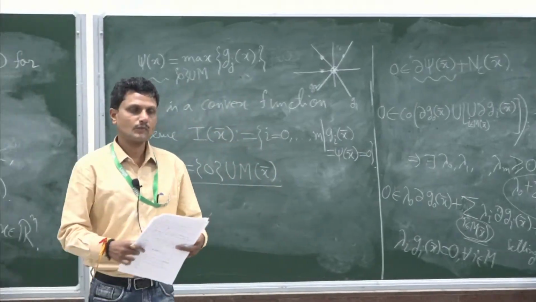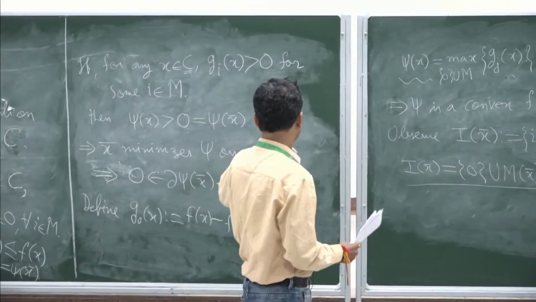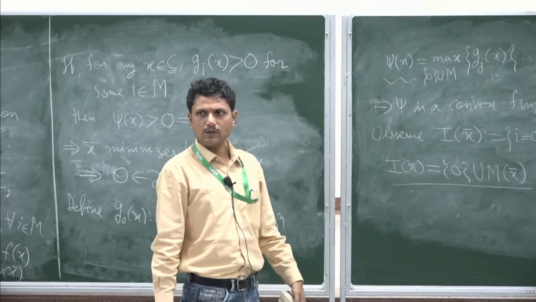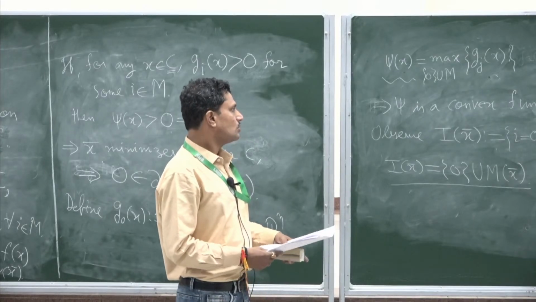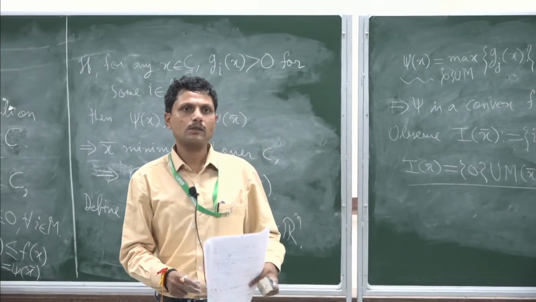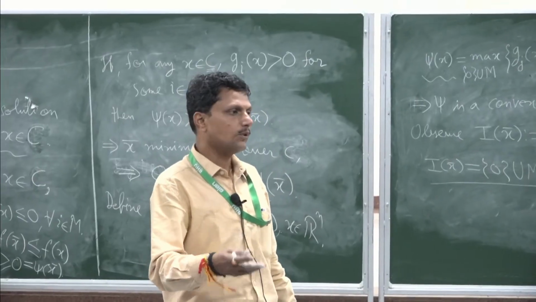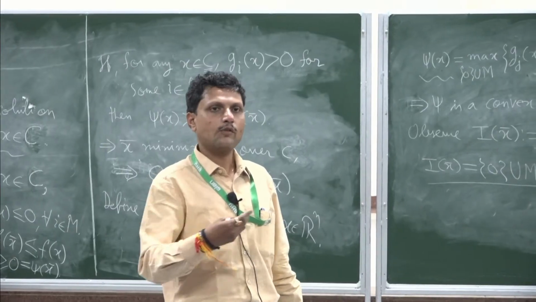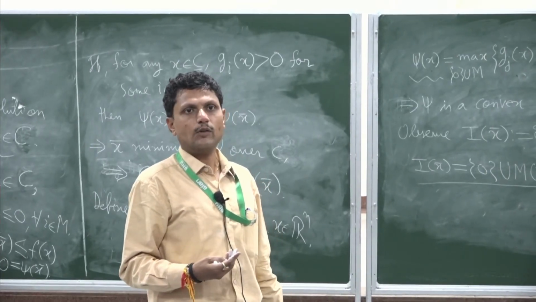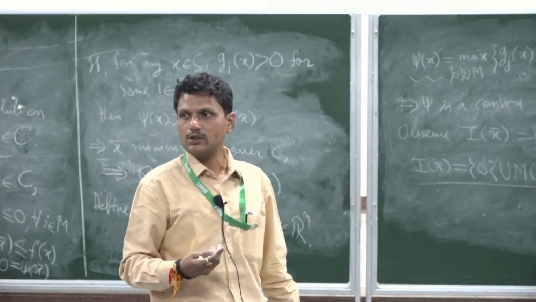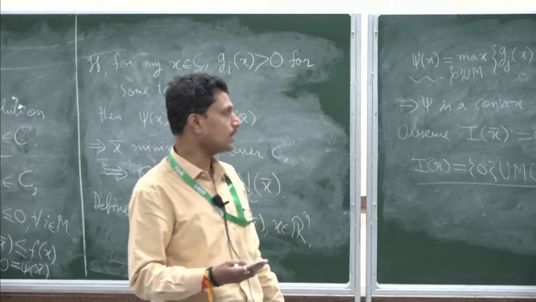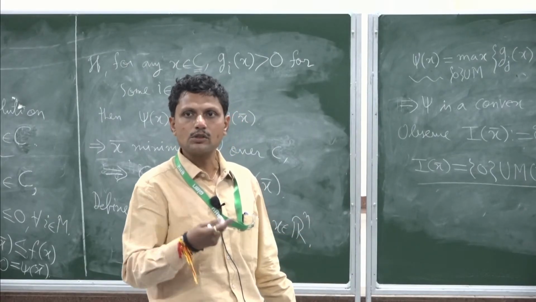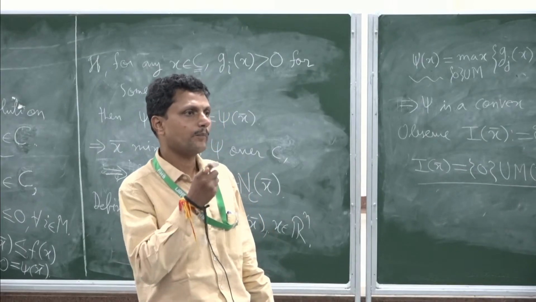I think in the statement of the theorem we have m in place of m of x bar. This is the most important result, because we are dealing with optimality conditions of different types of optimization problems, and we often come across KKT conditions or Fritz-John conditions. These conditions are actually used to construct algorithms to find solutions of a given optimization problem.